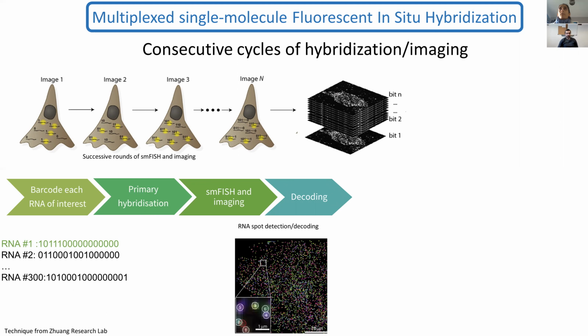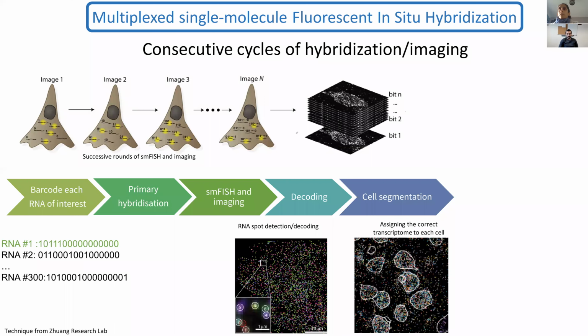And this is the kind of picture that you get. So this is your sample. And if you zoom in on one section, you are going to see that RNA number 1, 4, and C are expressed in this region. Then you are going to perform cell segmentation.